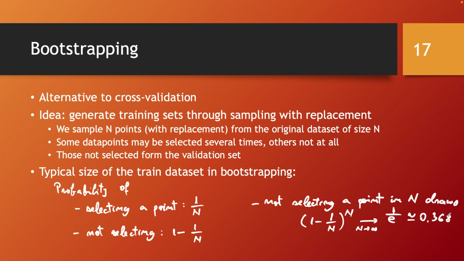So the point is that the expected size of the validation set is going to be 36.8% of the original data set. And so the other part, the typical size of the training data set in bootstrapping, is going to be 63.2% of the original data set.